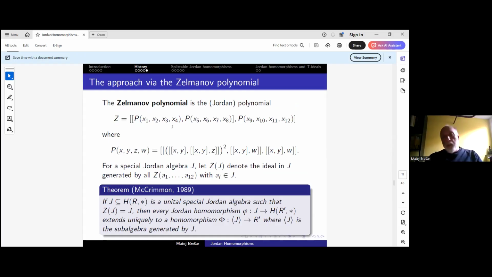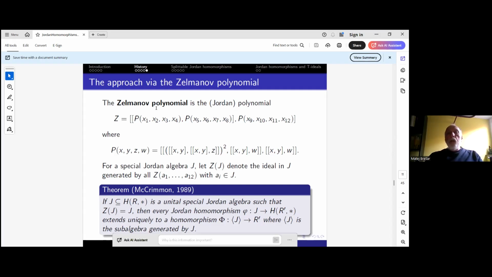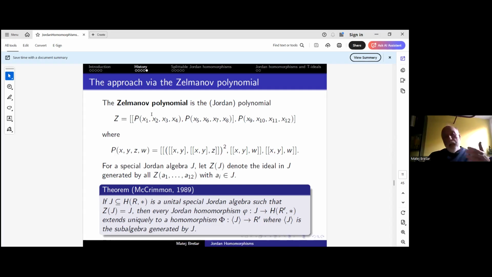page, which is about the history. So McCrimmon in '89 used the Zelmanov methods, from the structure theory which I mentioned before, to obtain another type of result for Jordan homomorphisms. Efim Zelmanov also mentioned this theory.